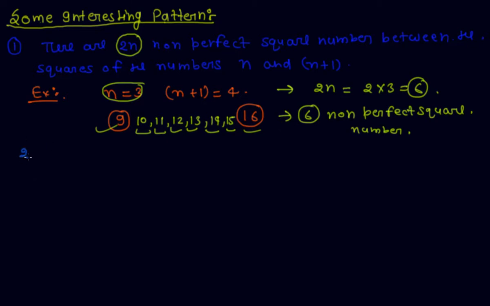Now the second property, or second pattern, is adding odd numbers.